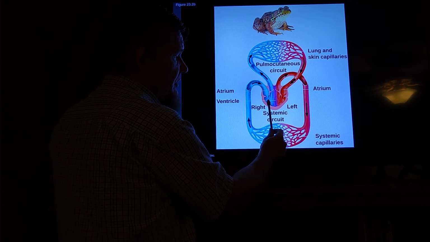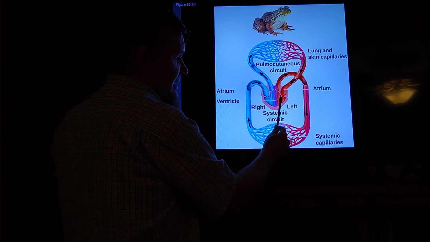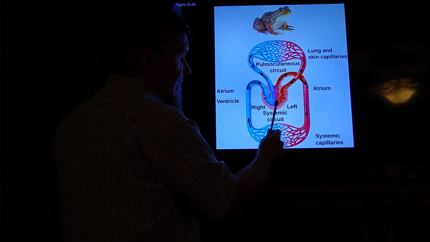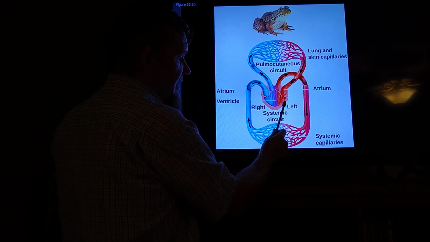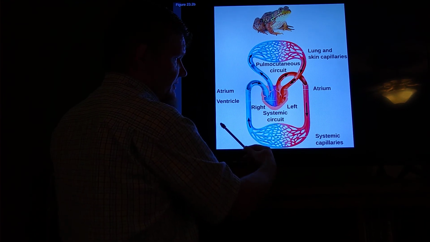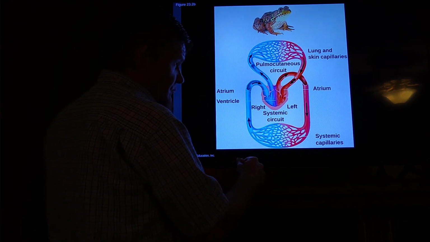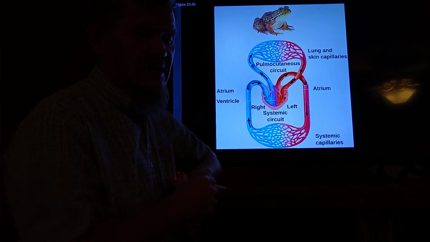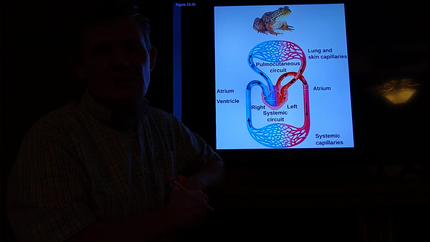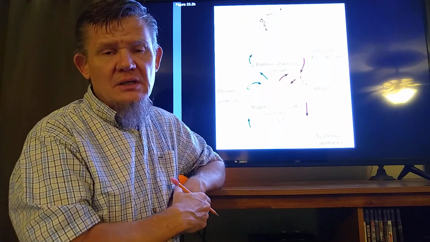When we talk about mixing, the blue is deoxygenated blood and the red is oxygenated blood. Notice how there's not a wall here between the blue side and the red side, which is why we see a little bit of purple here in the center. We do have mixing. It's not as much as you would expect, but we do have mixing within a three-chamber heart.